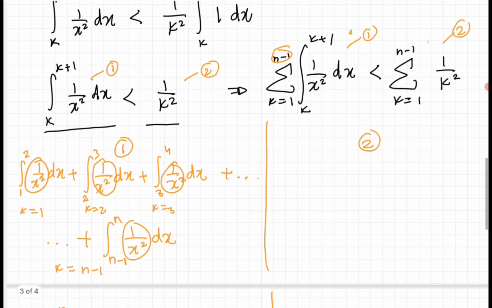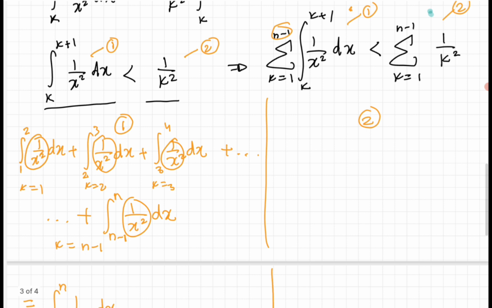And now we also have to solve the second one right here. Let's also do that. Let's replace k for 1. So if k equals 1, then this is 1 over 1 squared. Plus, let's replace k equals 2.